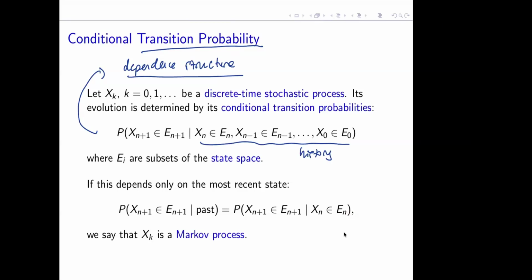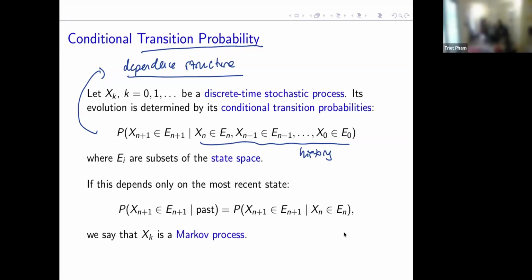So yeah, go ahead. What is the relation between them, do the E_i make a partition of this state space? Absolutely not. We just use the E here, but usually the E here just boils down to one point, like value 1, value 3, value 5, that kind of thing.